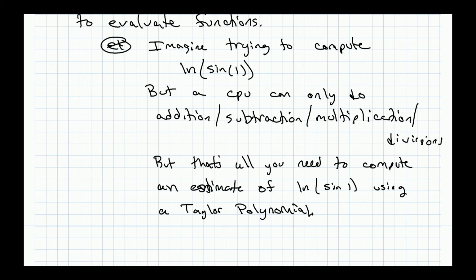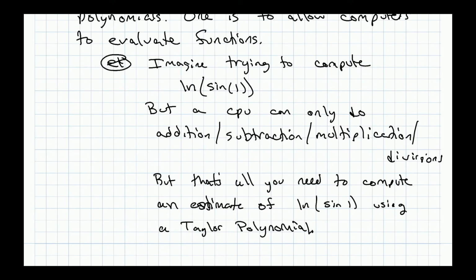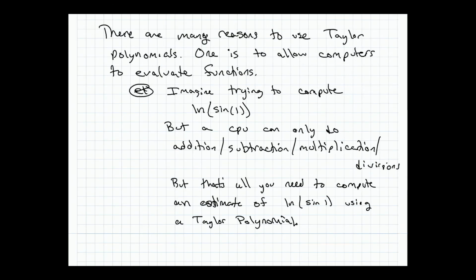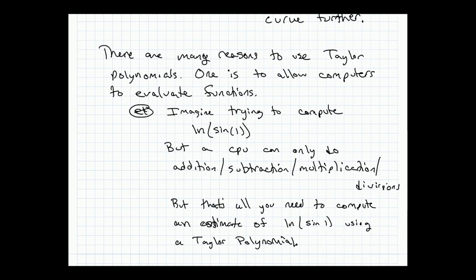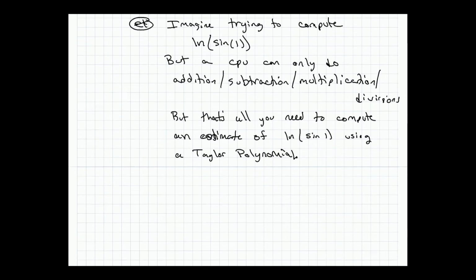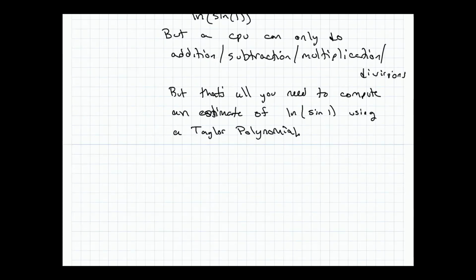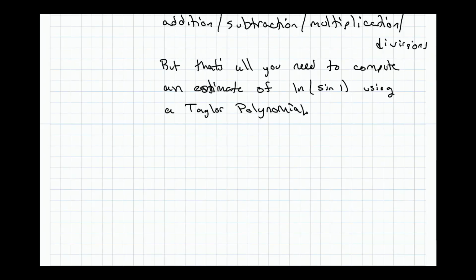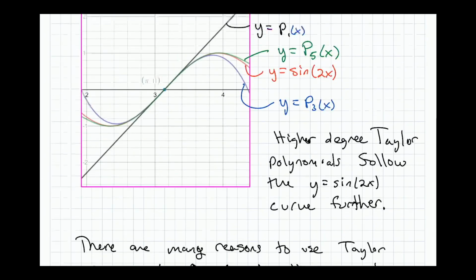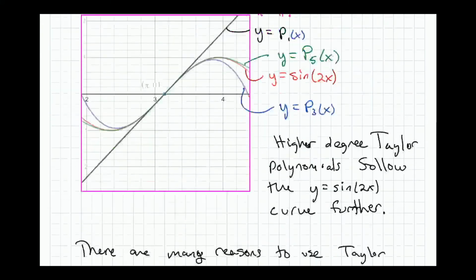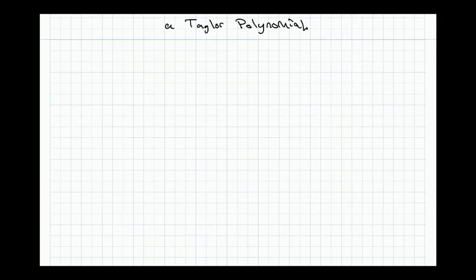But yes, you actually need these things in order to do computations. The faster computers get, the less fakery you have to do, but you still have to do some. So that's one reason you might need to do this. Okay, Taylor polynomial approximation of a function.